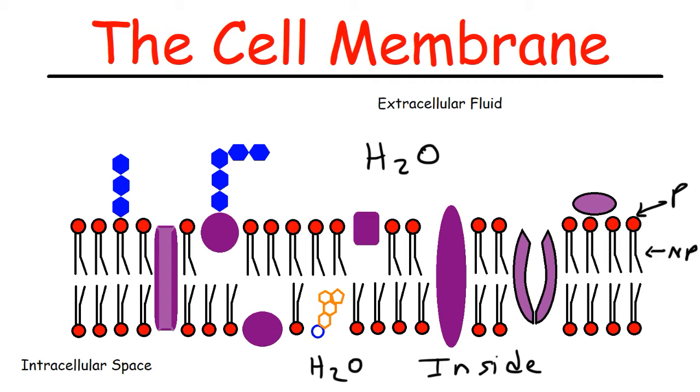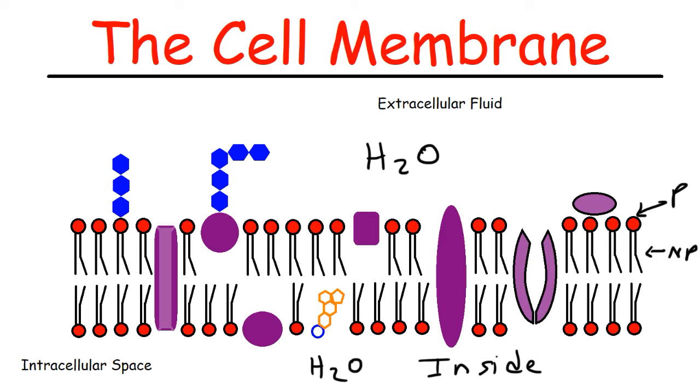Now, here's a question for you. What word describes the dual polarity nature of a phospholipid? We said that a phospholipid has a polar hydrophilic head and two nonpolar hydrophobic tails. There's a word that describes a molecule with hydrophobic and hydrophilic parts.